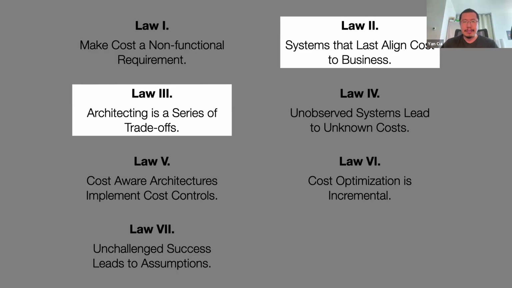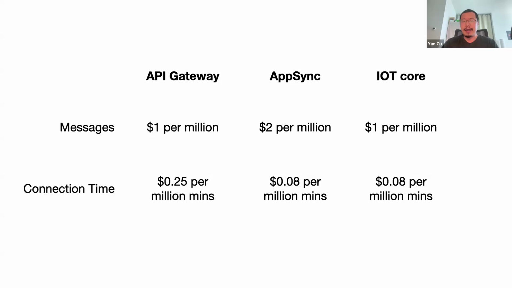As an example for that law number 2, I've built a number of systems that have some kind of real-time element to them, and being a big fan of AWS serverless, I like to use services that give me WebSocket serverlessly without having to manage any machines. So you have API Gateway, you've got AppSync, and you've got IoT Core as well, which are all great, and they all charge you on the same dimensions: the number of messages you're sending, and also how long you are connected to the WebSocket endpoint.